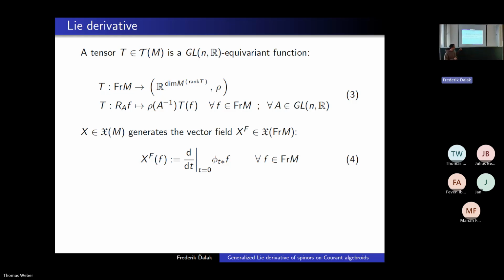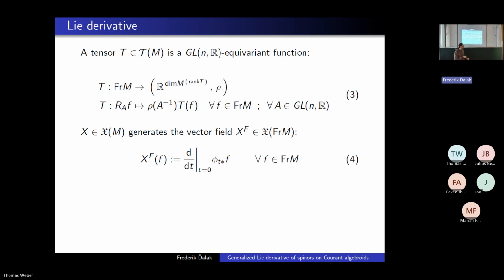And so this may be done in a very straightforward way. If you want to have the value of your lifted vector field at the point F on the frame bundle, which is a frame of the tangent space on your manifold, then what you do is construct a curve starting at this point F on the total space of the frame bundle. This may be done simply by considering the vector field flow and pushing forward the frame.